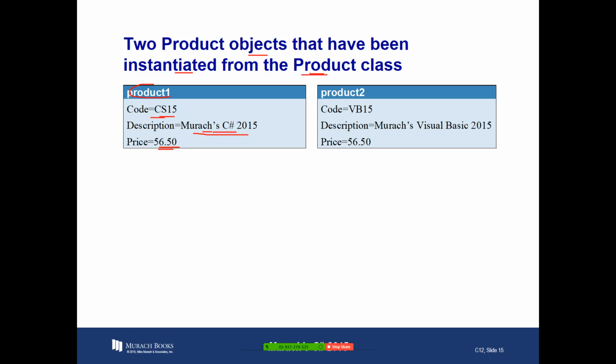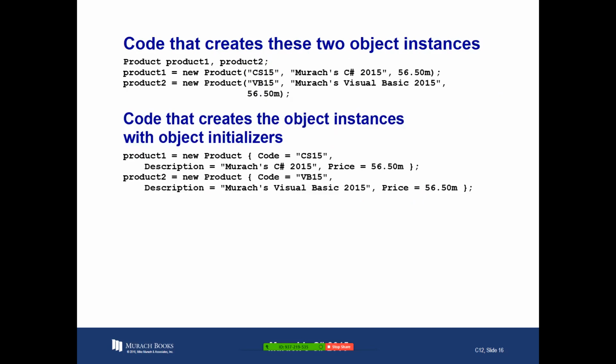And then we've got a second product here that we've defined. Product two equals new product.